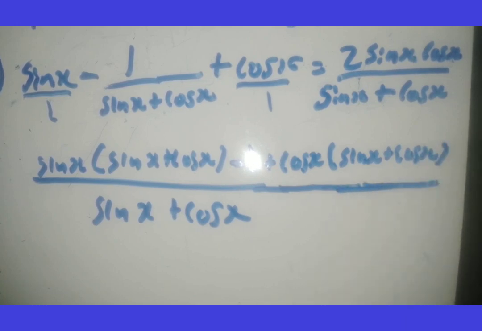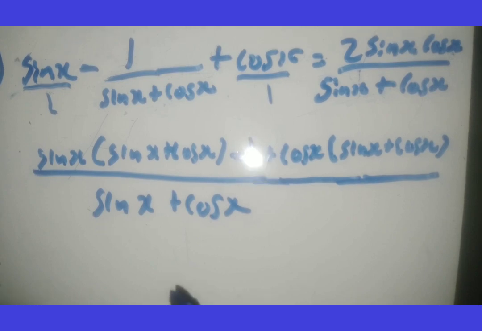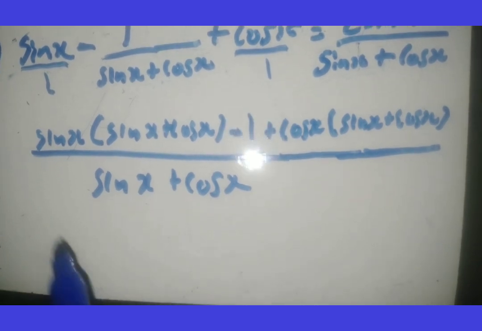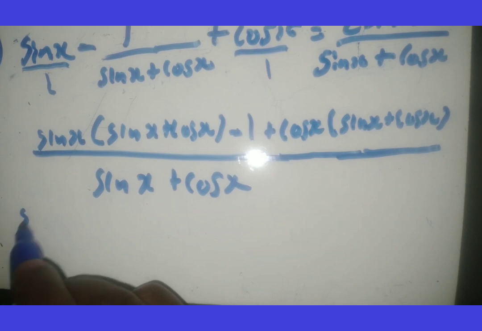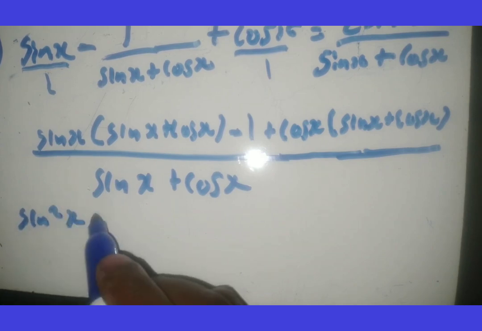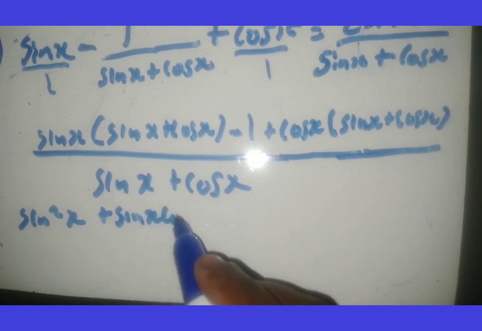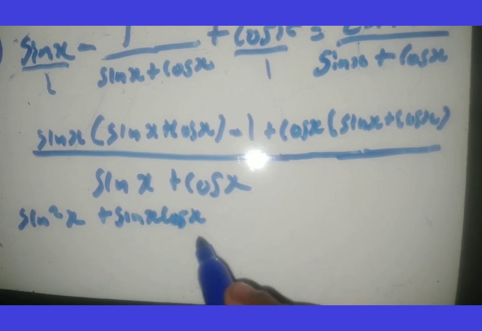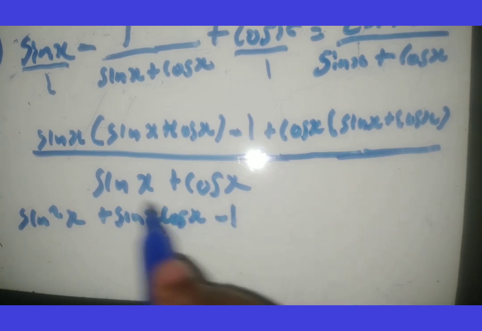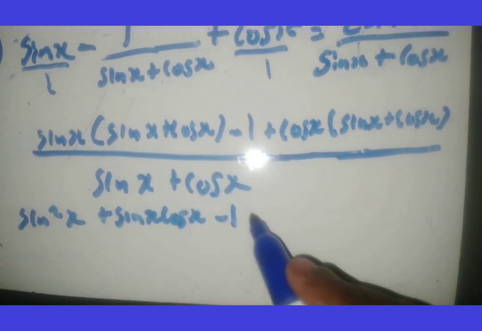And then from there, now we're going to distribute. So if we distribute, we're going to have sine squared x plus sine times cos is just sine cos. So sine x cos x. And then minus 1. And then from there, we distribute also that one.